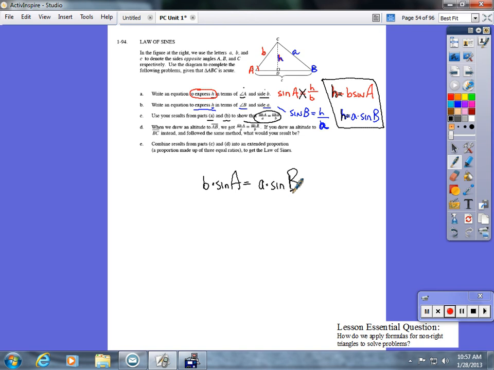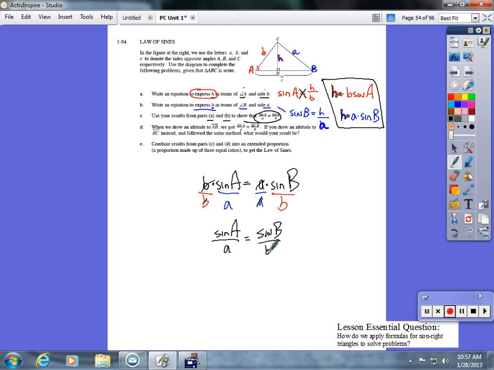In order to get this to look like the law of sines, we would have to divide both sides by B and divide both sides by A. And in doing so, these A's cancel, these B's cancel, and we end up with the sine of A over A equals the sine of angle B over side B.